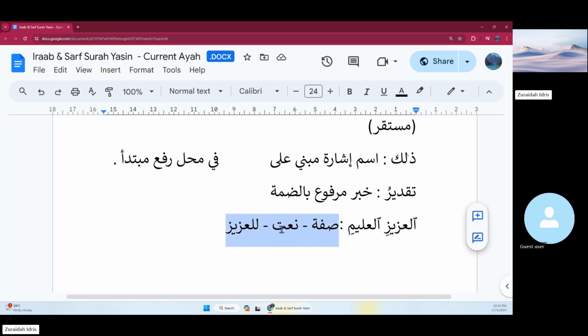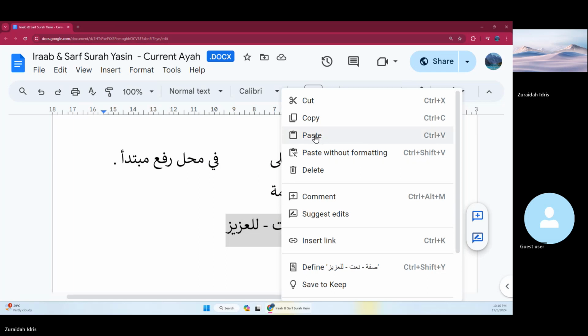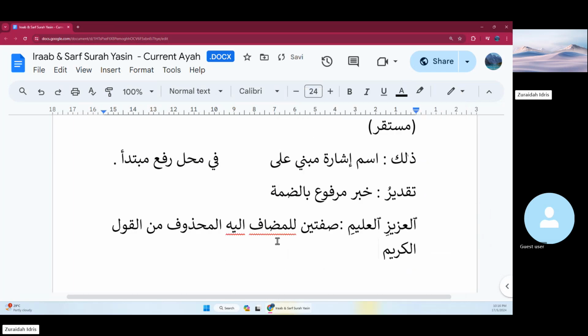These are actually two sifas, so I will say sifatain. Lil mudaf ilay. The mudaf ilay is mahzuf, and it comes from this kari, which means something that is great. Lil mudaf ilay mahzuf min qawli qawlin, and it would have been like I said just now. I think I wrote it up there, but we'll repeat it down here again.